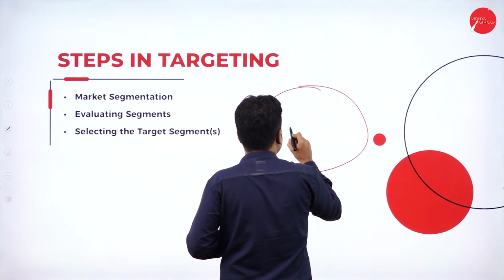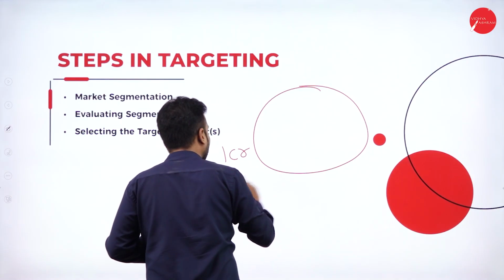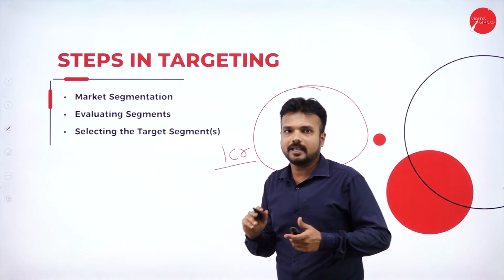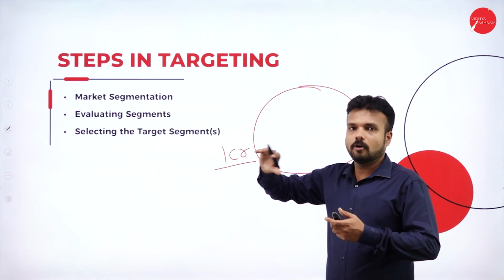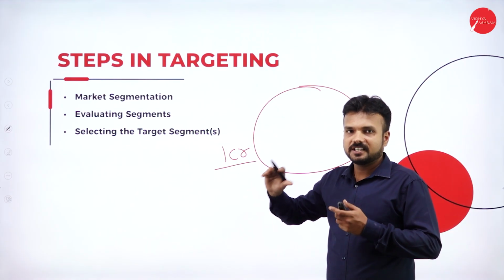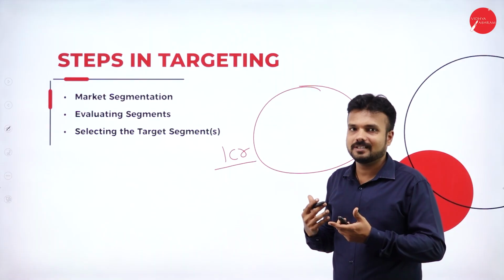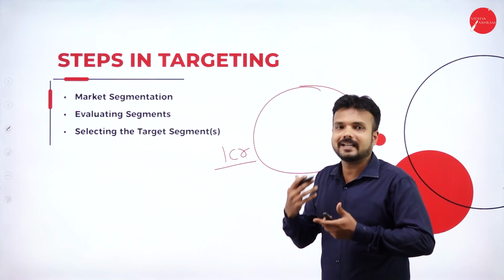Let me consider the total population of that district is 1 crore. Among 1 crore population, we cannot reach all of them. My product is not a need for the whole 1 crore of population. Here, I must find my own customers. Who are going to purchase my product, based on various criteria?